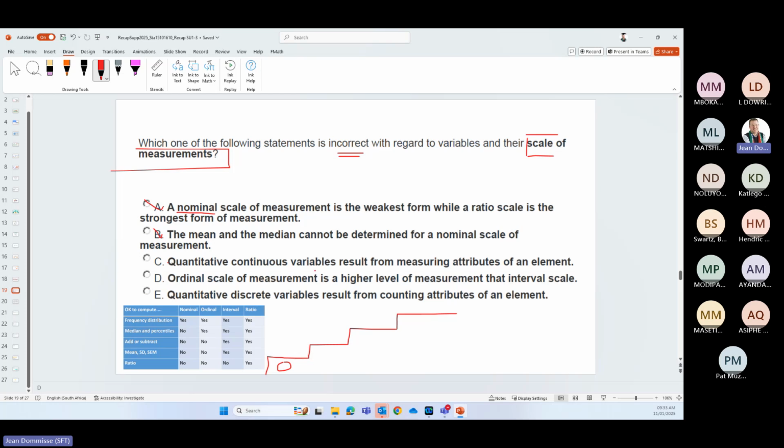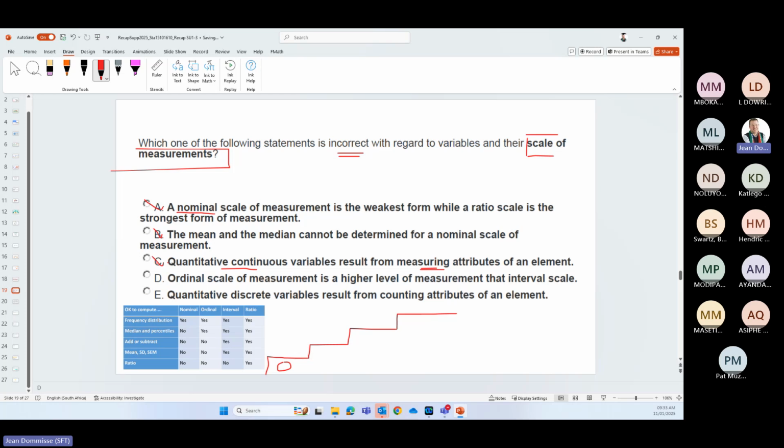Quantitative continuous variables result from measuring attributes of an element. Now they throw in here actually not a scale of measurement, but quantitative continuous. So it's measuring. So that is correct.